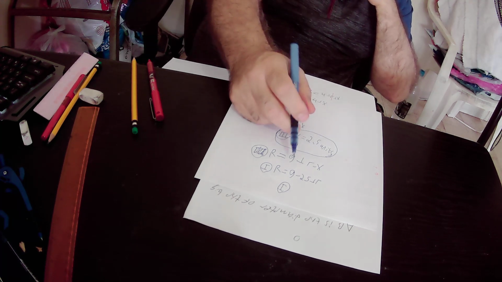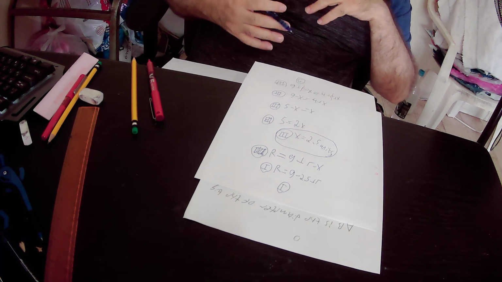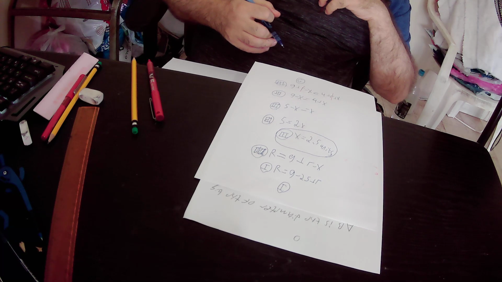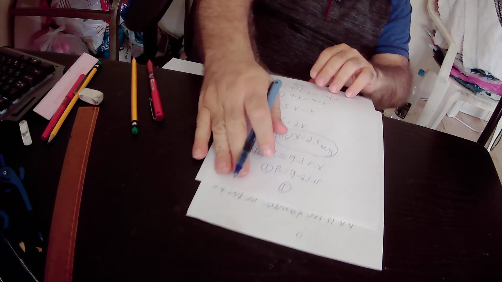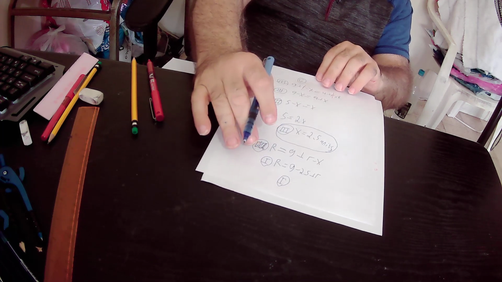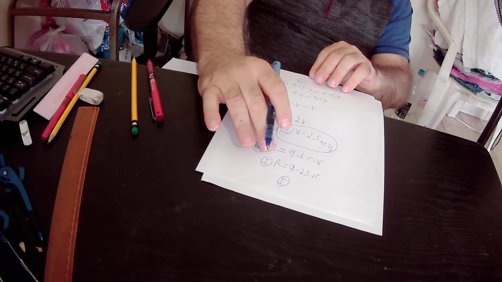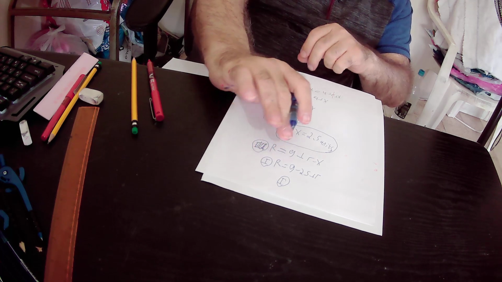Capital R equals 9 minus 2.5 plus R. 9 minus 2.5 is 6.5. So in total we got that capital R equals 6.5 plus small r.